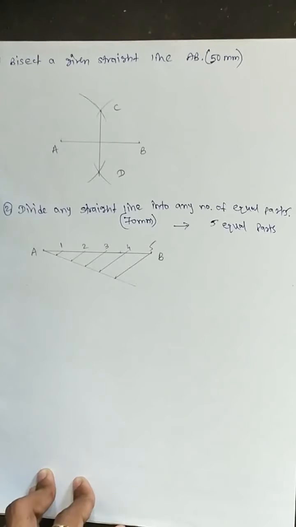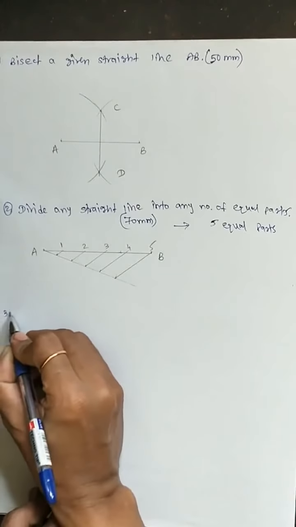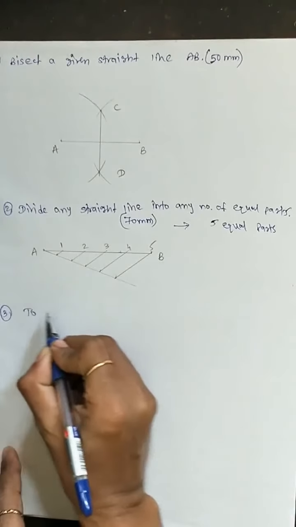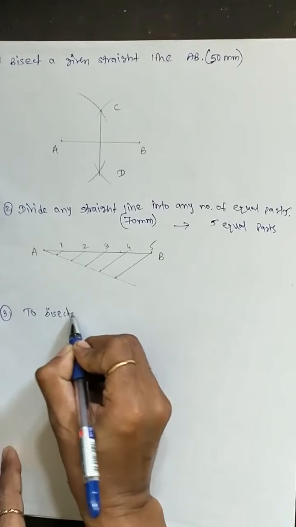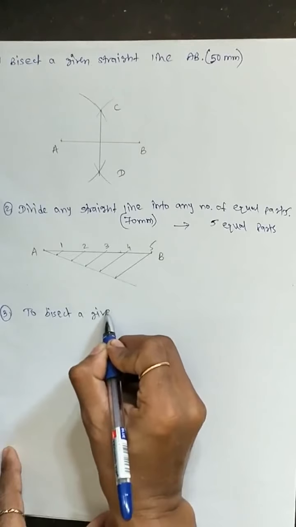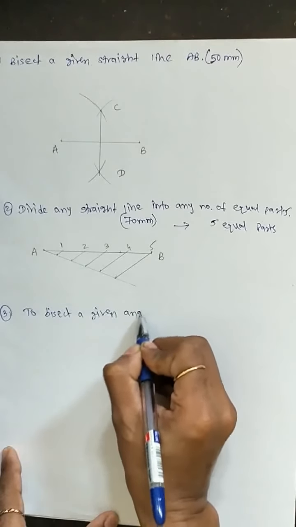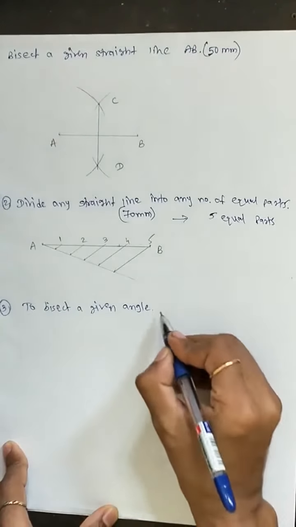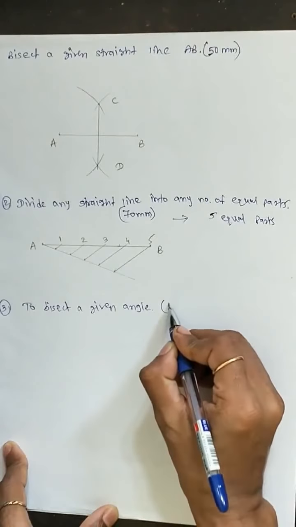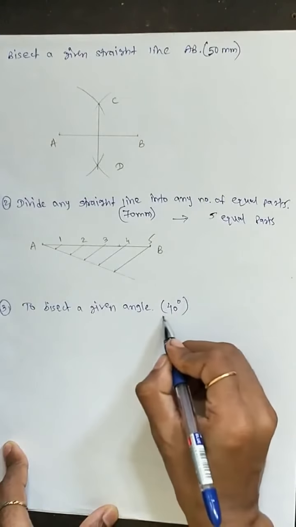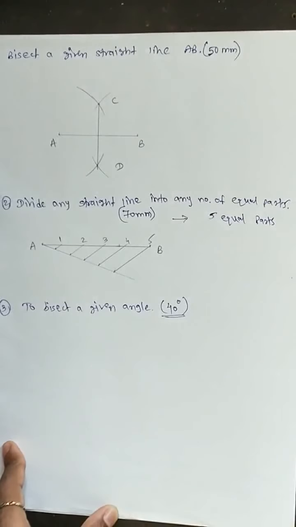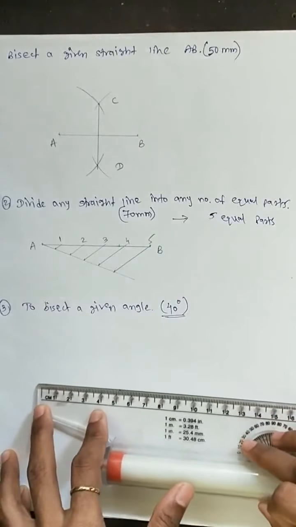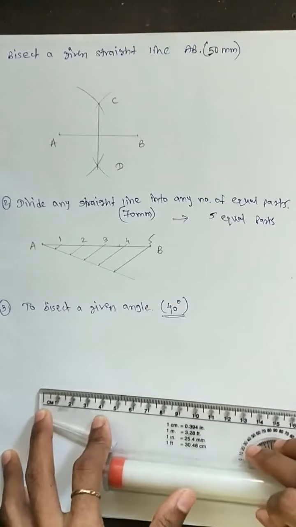Then we will take third example. To bisect a given angle. Suppose given angle is 40 degree. So draw two lines having angle of 40 degree.